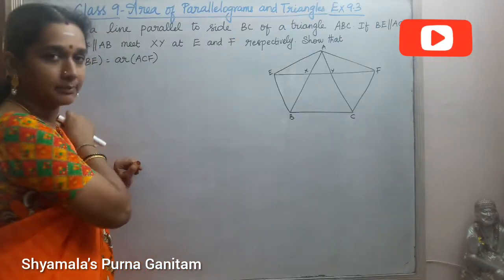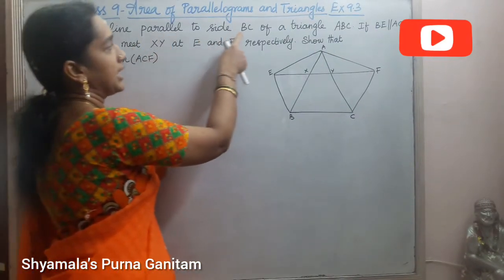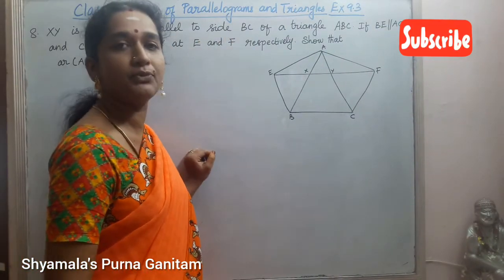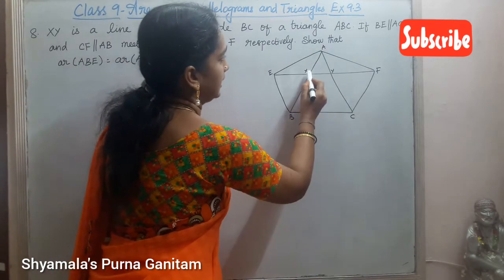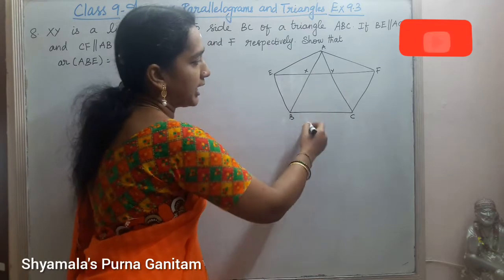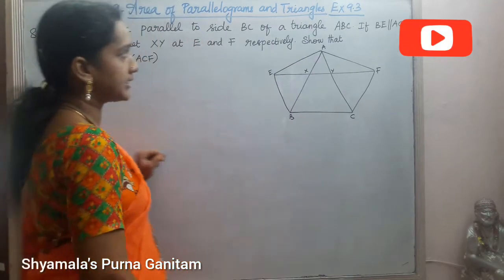Okay. 8th sum. XY is a line parallel to the side BC of a triangle ABC. So ABC is a triangle and XY is a line parallel to the side BC.